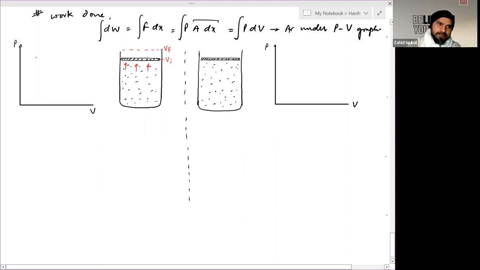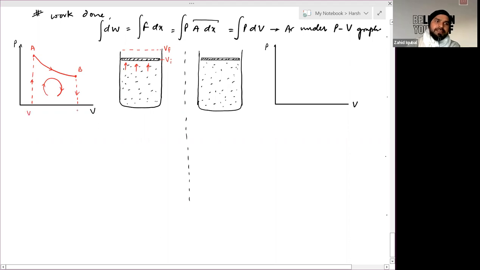So it will act like this, from some point A at low volume to some point B at some high volume. And I'm just assuming pressure will also change. That's why the curve will be this. If you extend this direction of the arrow, you will get a curve in the clockwise direction.